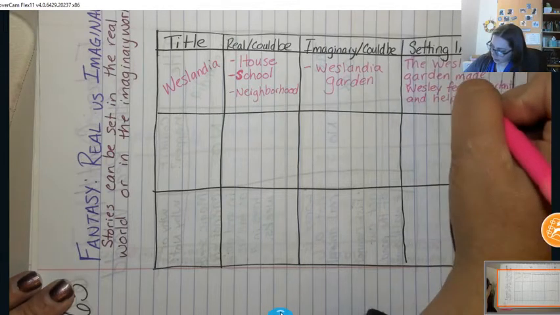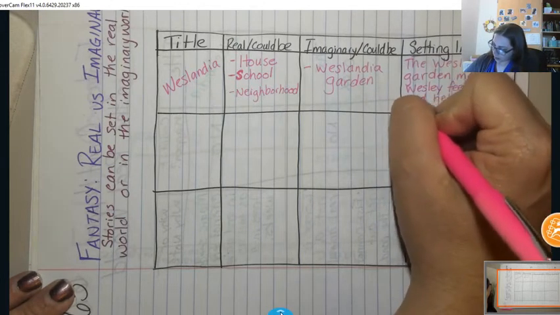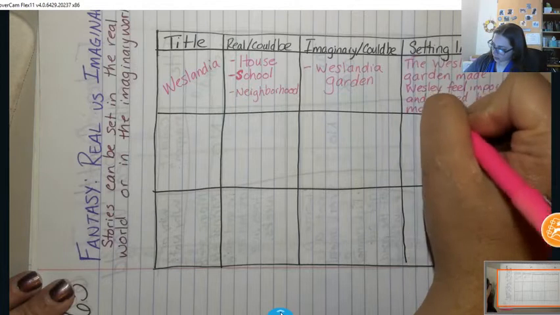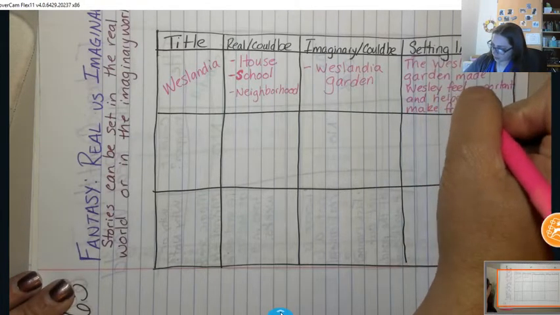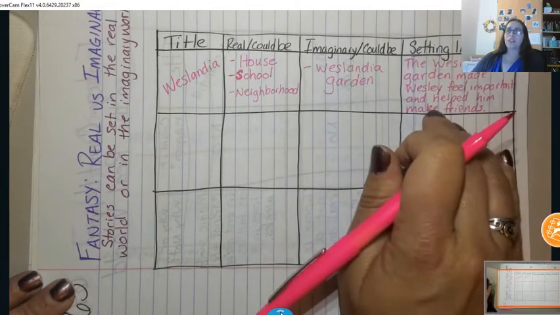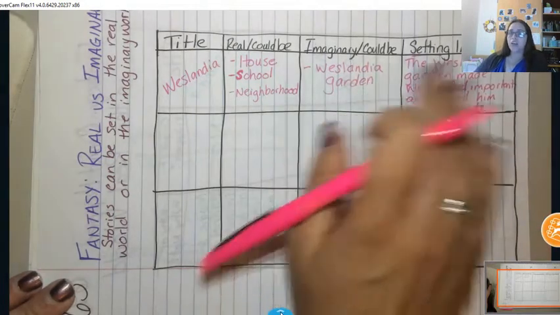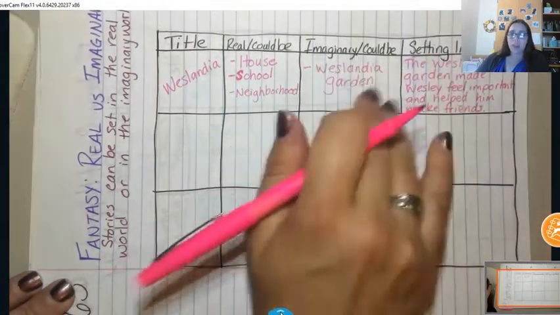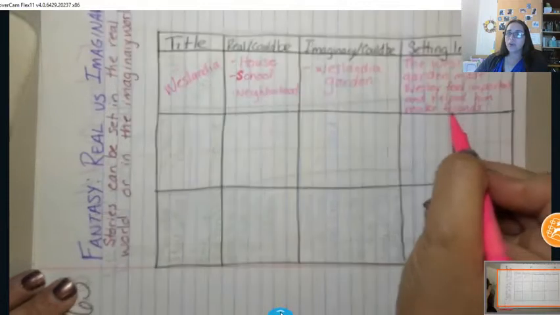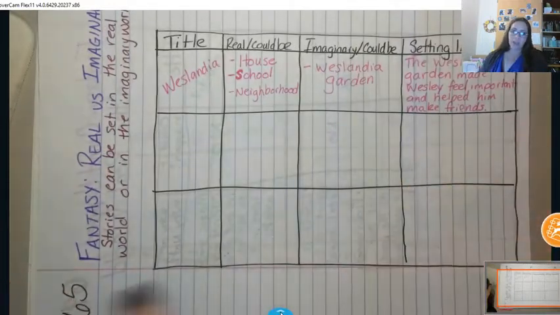So that was why our setting, our Westlandia garden, was so important to that story, because without that garden, he wasn't going to start feeling important, and he definitely wasn't going to be making friends.